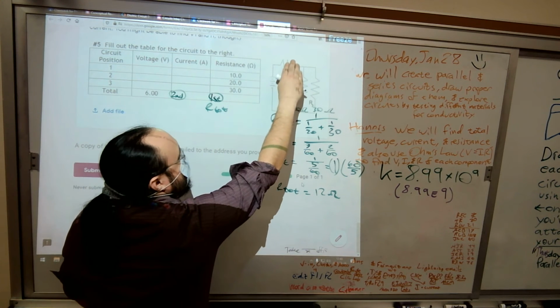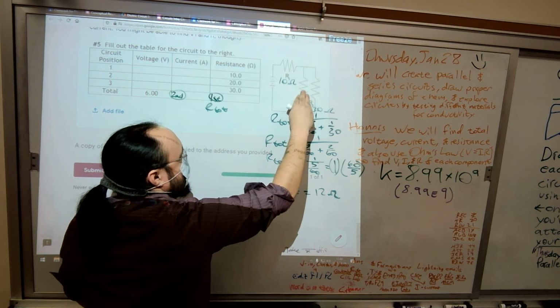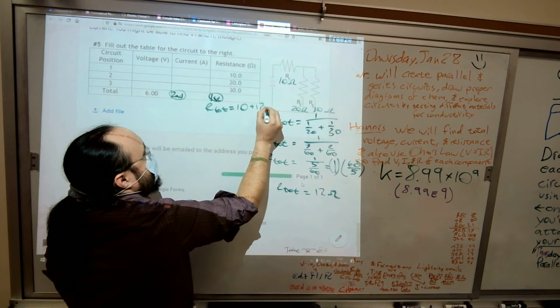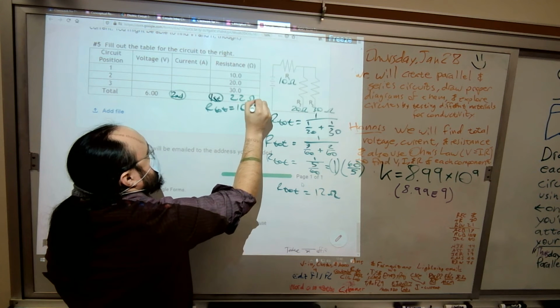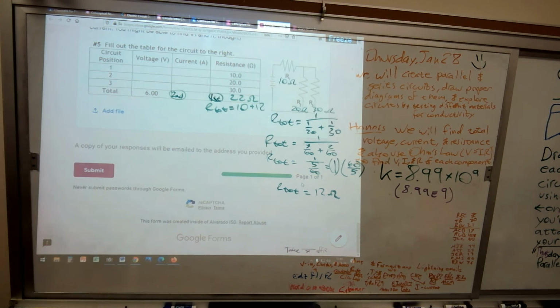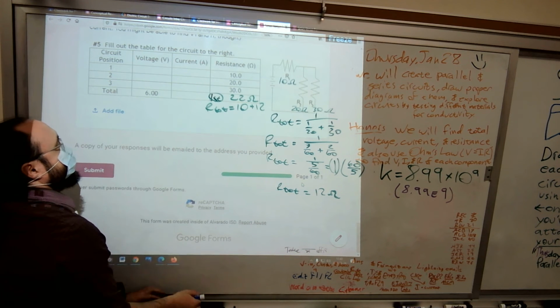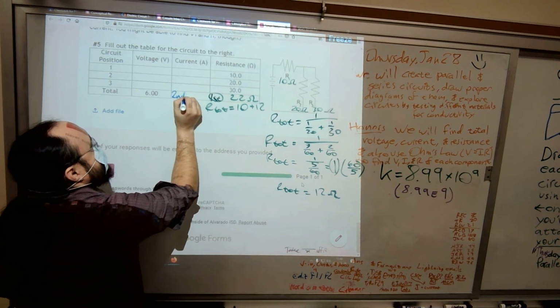So now this 10 is in series with this group, the total resistance of which is 12. So we've got 10 plus 12, and that makes this total resistance 22. Now we can use V equals IR to find this other box. And I'm going to color code it here again. Second.